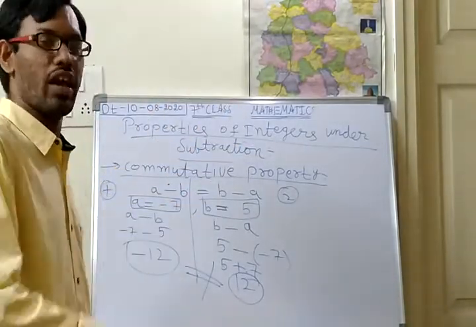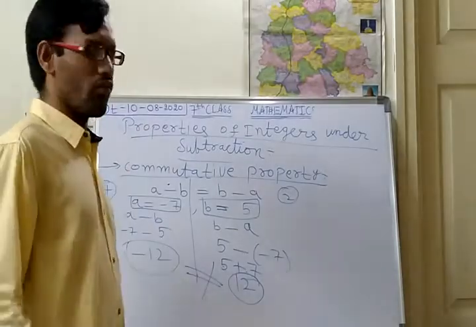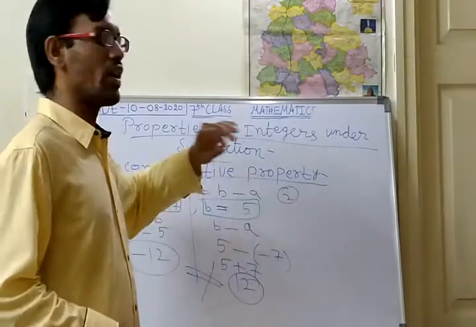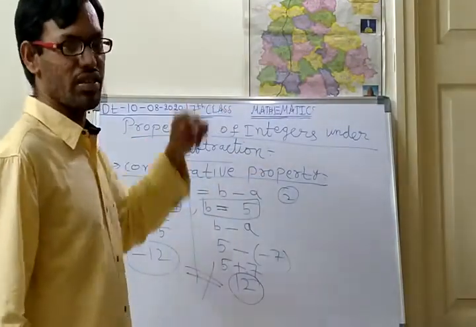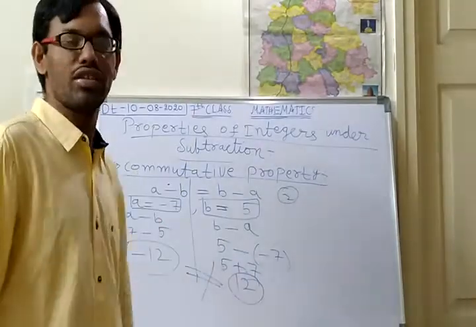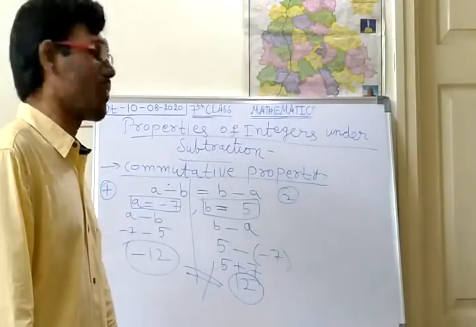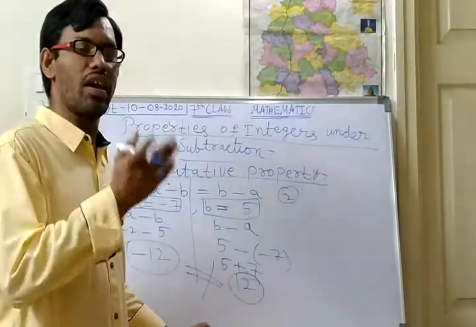Like fourth, fifth, and finally you will conclude that commutative property does not satisfy for subtraction. The remaining properties also won't satisfy with subtraction. Okay, this is about the properties of integers under subtraction.